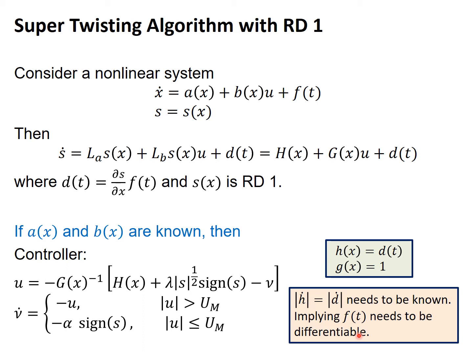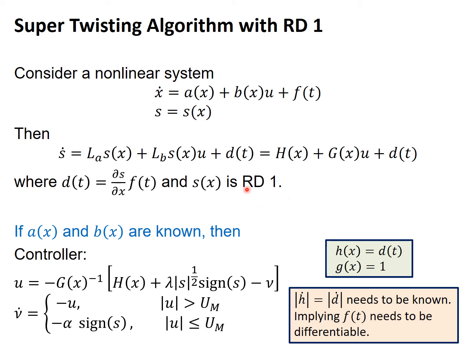So what does this mean? This means that if you have a system, then in the system you can't put any uncertainty. The uncertainty must be at least one time differentiable for RD1 cases.